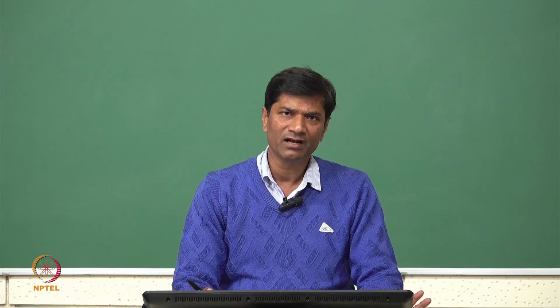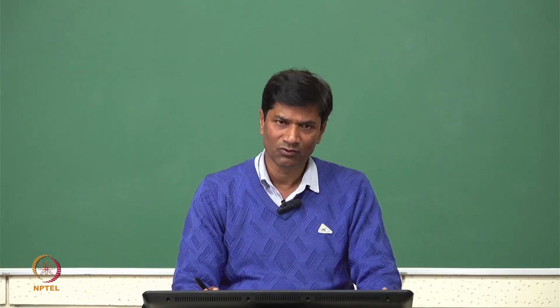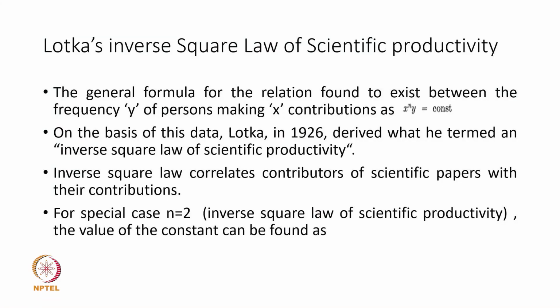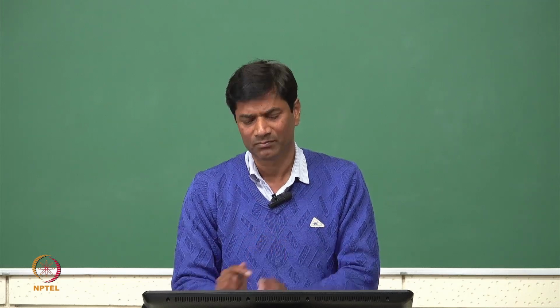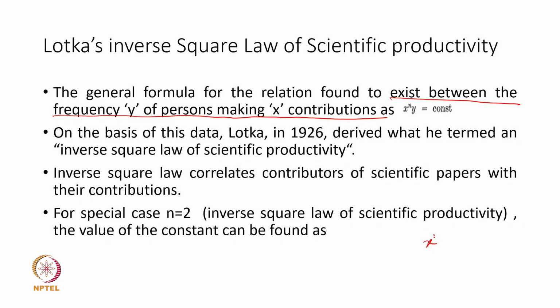Now, the general formula: Lotka found that a relationship exists between the frequency y of persons making x contributions. There is a relationship between the person and the contribution, and that relationship is x to the power n times y is equal to a constant.